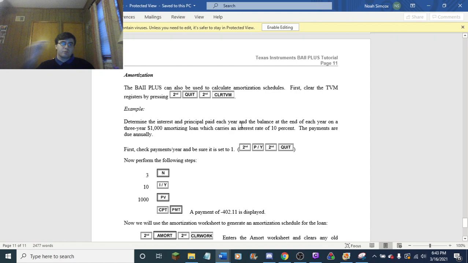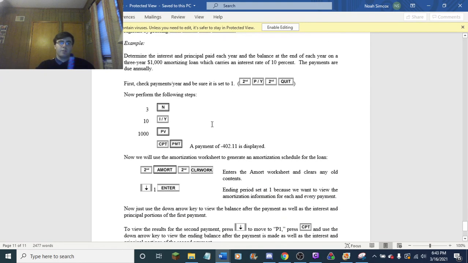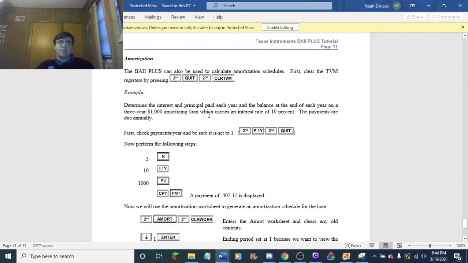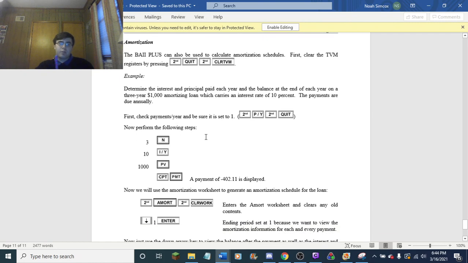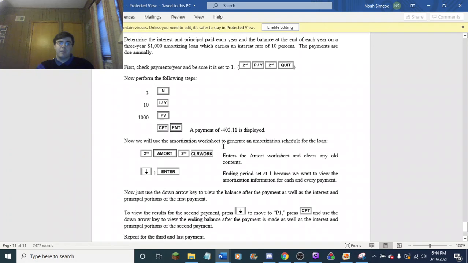The payments are due annually. So set the number to 3 because it's 3 years. And then the interest rate is 10%, and then the initial value is 1,000. And then you compute the payment number. So compute the payments. Yeah, that's what the question told me to do.